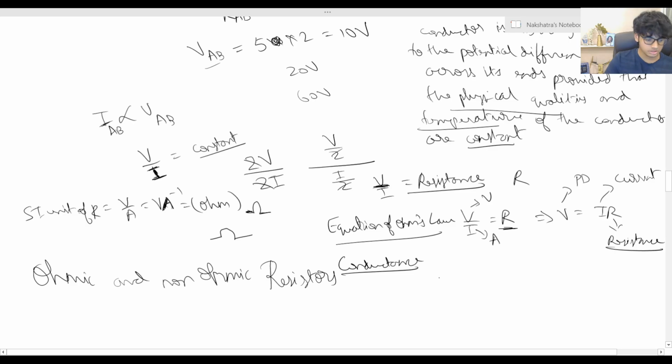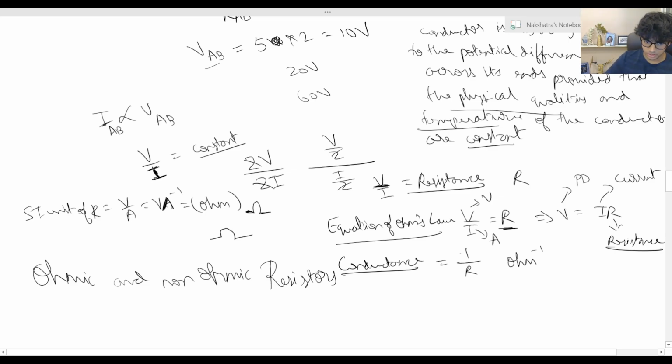So conductance is equal to 1 upon R, 1 upon resistance. Conductance is simply 1 upon resistance, so SI unit of conductance is ohm minus 1, okay, ohm minus 1.